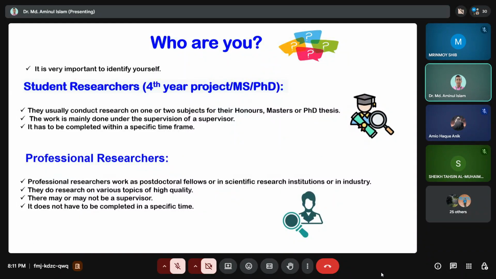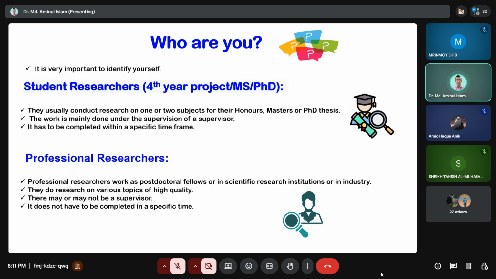Now, who are you? Initially, you need to identify who you are. For example, there are two types of researchers: student researchers, those who are fourth year project students, masters or PhD students. They usually conduct research on one or two subjects for their honors, masters, and PhD thesis.